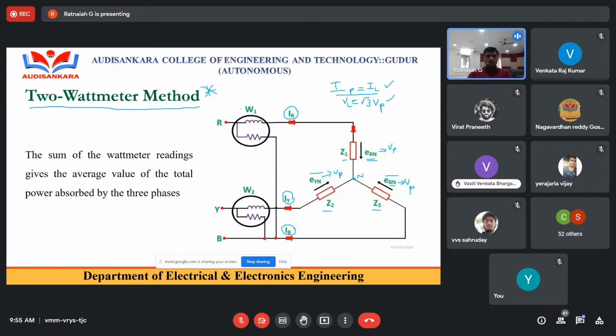Now, how to connect the wattmeters? How many wattmeters are we going to use? 2 wattmeters. One wattmeter I assume W1, and the next wattmeter W2. Why are these 2 wattmeters connected for R and Y phase? Why don't we connect B phase? That is your convenience.